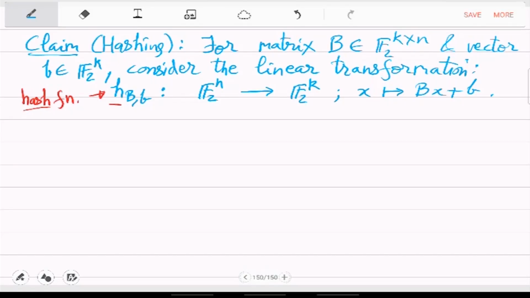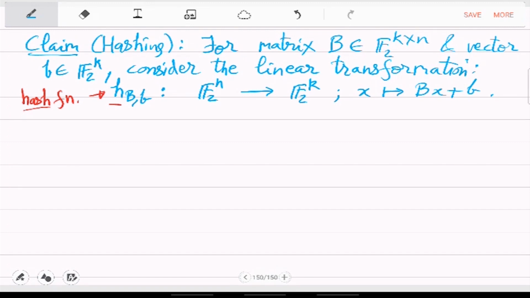So it saves space, it saves communication, and it may also save time. That is why these functions are very important. Your passwords, for example, are also hashed, so it could also help in secrecy.